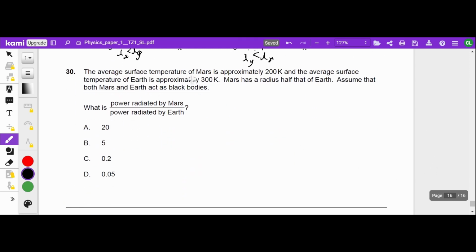The average surface temperature on Mars is approximately 200 Kelvin, and the average surface temperature on Earth is approximately 300 Kelvin. Mars has a radius half that of Earth. Assume that both Mars and Earth act as black bodies. What is the power radiated by Mars divided by the power radiated by Earth? We'll use the formula power equals emissivity times sigma times A times T to the power 4.